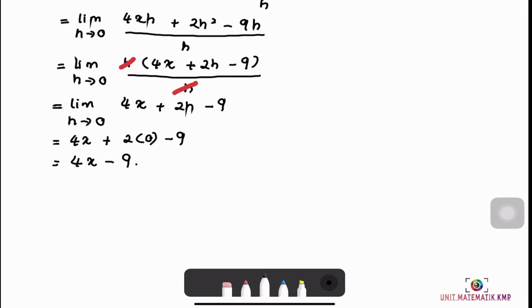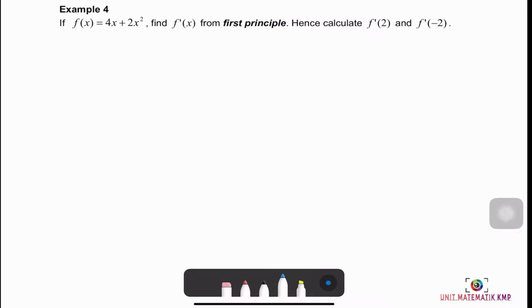Then example 4. If f of x equals 4x plus 2x squared, find f prime x from first principle. Hence calculate f prime 2 and f prime minus 2. So first, we need to calculate f prime x.